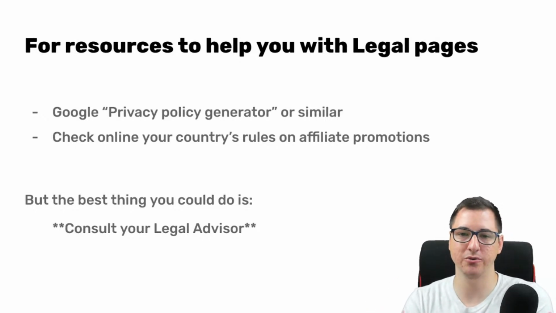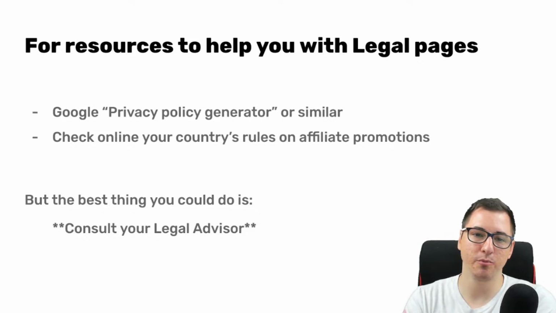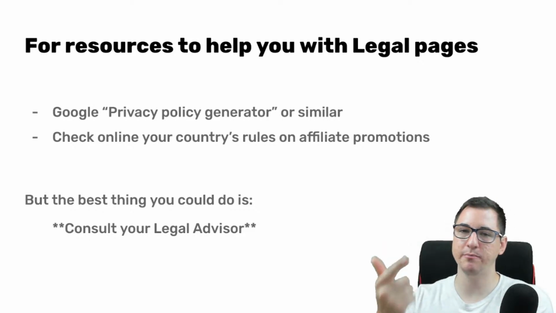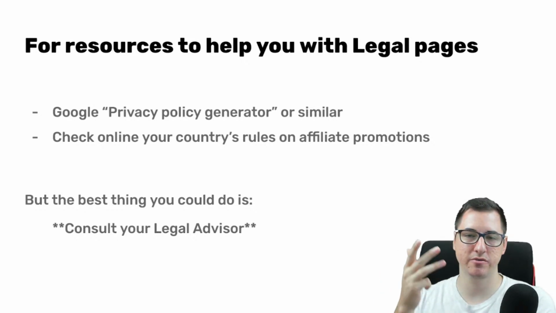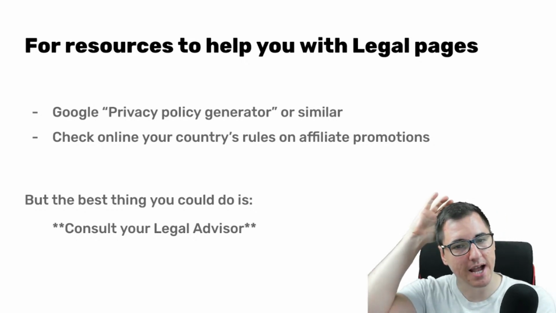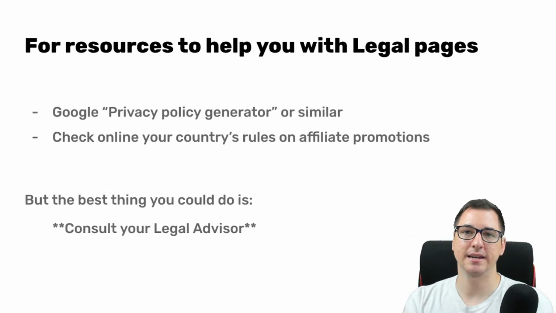Let me just tell you what resources you could use for this. If you Google privacy policy generator, cookie policy generator, terms of service, or disclosure generator, or something like that online, you can find a lot of tools that create these legal pages for you.